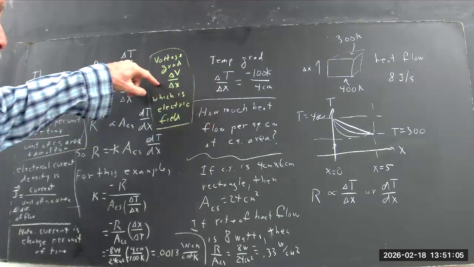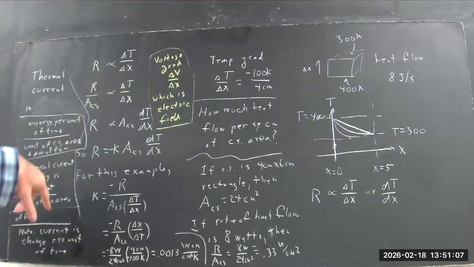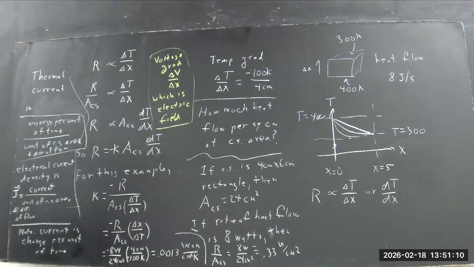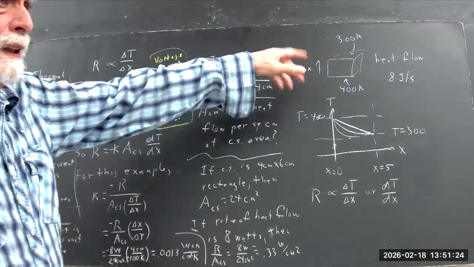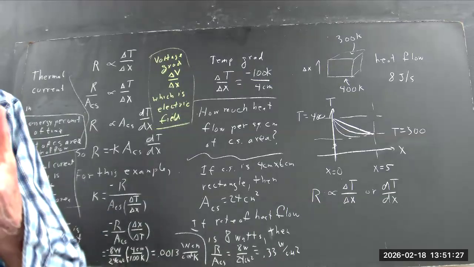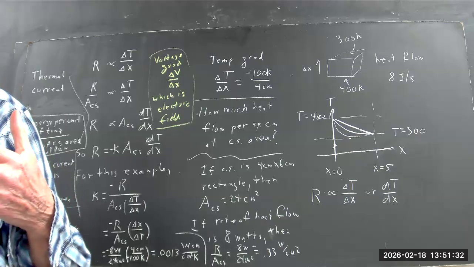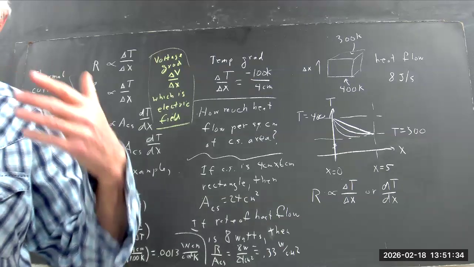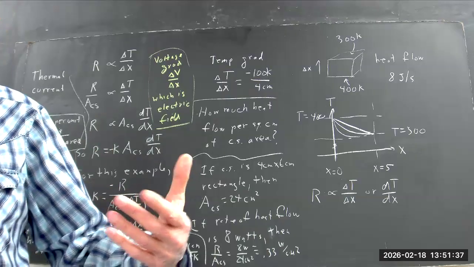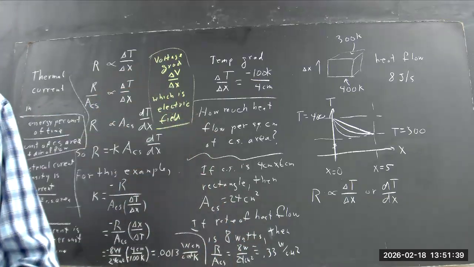Here you got temperature gradient. Here you got voltage gradient. You got a pretty complete analogy. Now there's one difference in that heat can accumulate and your thermal gradient can be non-constant for reasons that your voltage gradient might not be.